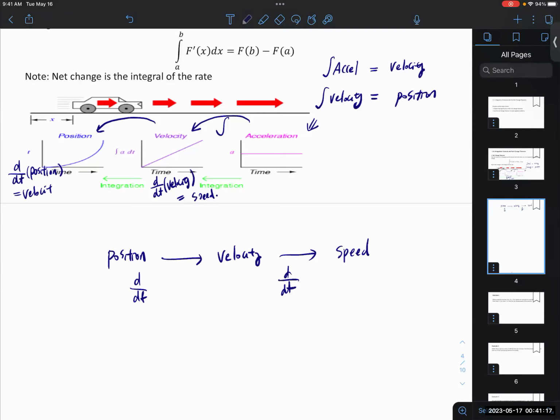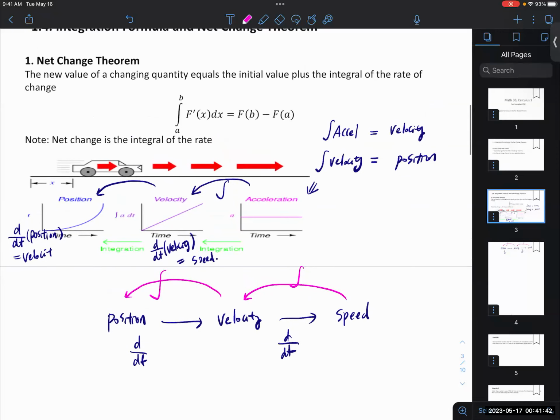What I'm saying is you are going to take the integral of the speed function, you're going to get back the velocity function. Same thing, if you're taking the integral of the velocity function, what do you guys think? You will get back the position function, because derivative and integral, they're so related to each other, right?